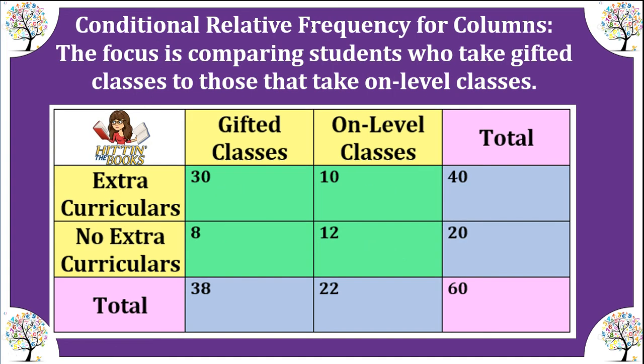Now let's do the conditional relative frequency for columns. So this time the focus would be of those that are in gifted classes, what percent take extracurriculars? Or of those that are in on level, what percent are in extracurriculars?